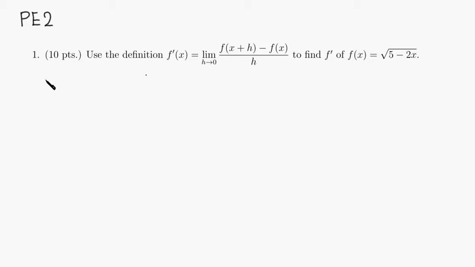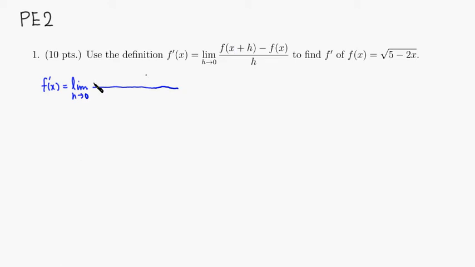The definition is f prime of x is equal to the limit as h approaches 0. We're going to use function notation, so every time we see x in the formula, we replace it with x plus h.